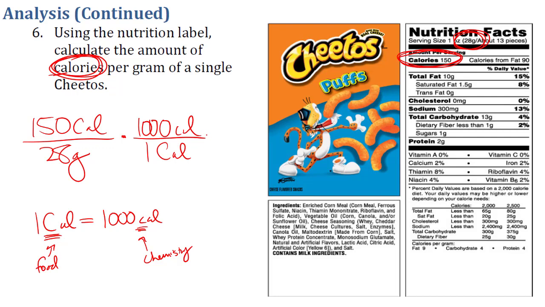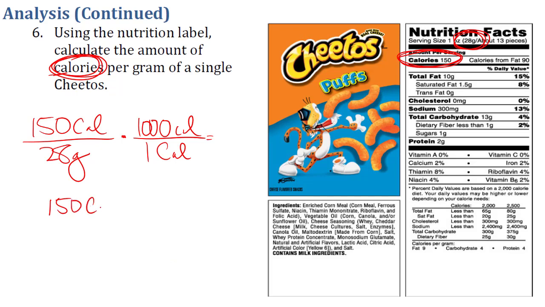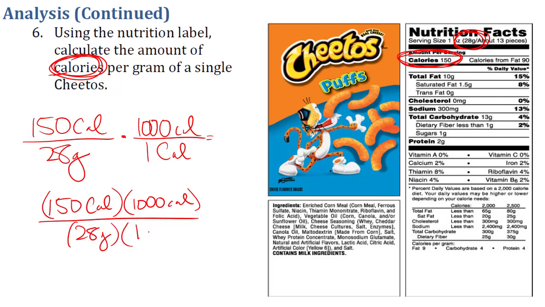So I'll multiply these together: 150 food calories multiplied by 1,000 chemistry calories divided by 28 grams and 1 food calorie.